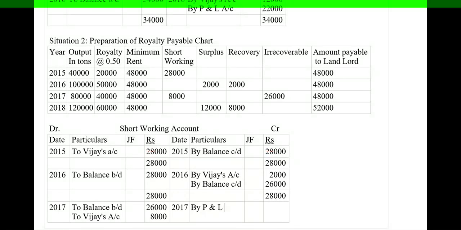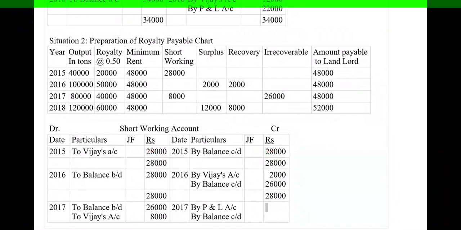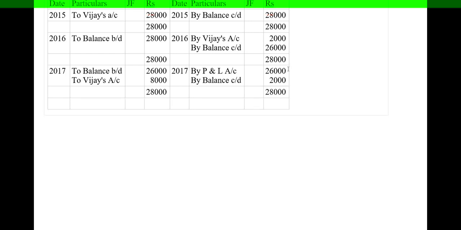So by P&L account, and there will still be a balance here, so by balance carried down. So now the total 26,000 is irrecovered here, whereas the balance that is remaining is 2,000 here. So here it is 2,000, the total will be 28,000, so here also 28,000.